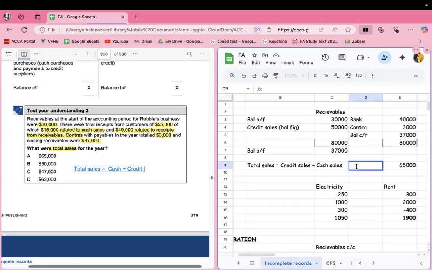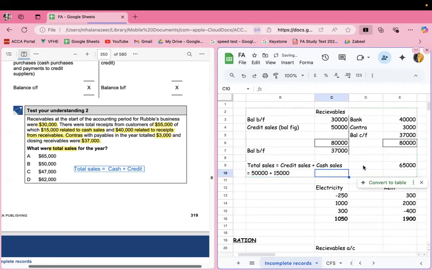So the credit sales that you took was 50,000, right? That is the balancing figure. Plus in the question, it is already given to you, the cash sale is 50,000. Understood? Clear now?